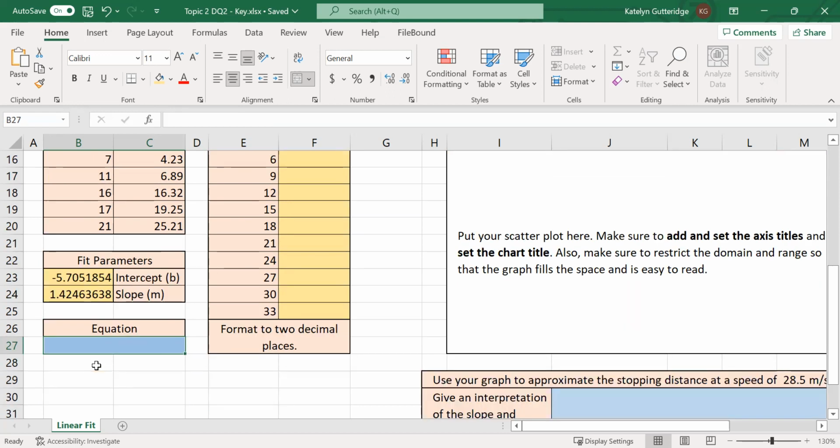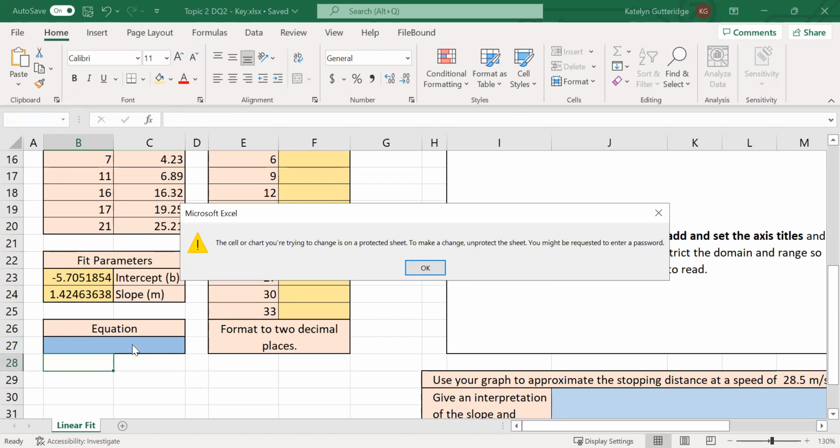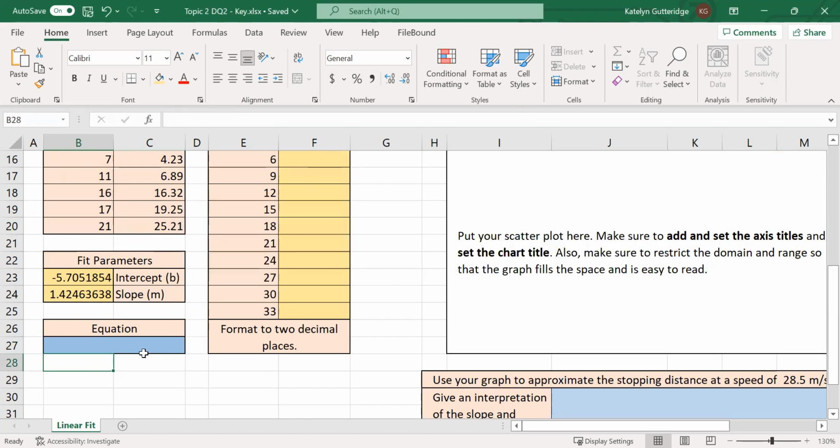So our slope-intercept form, I'll write it below. Ooh, that's protected. I can't write it below. It is y equals mx plus b. So y equals slope times x plus y-intercept. So we type it in the cell. We'll do y equals, and then our slope. Go ahead and just manually type in the slope you get. So my slope was 1.42. X follows after the slope, and then your y-intercept.